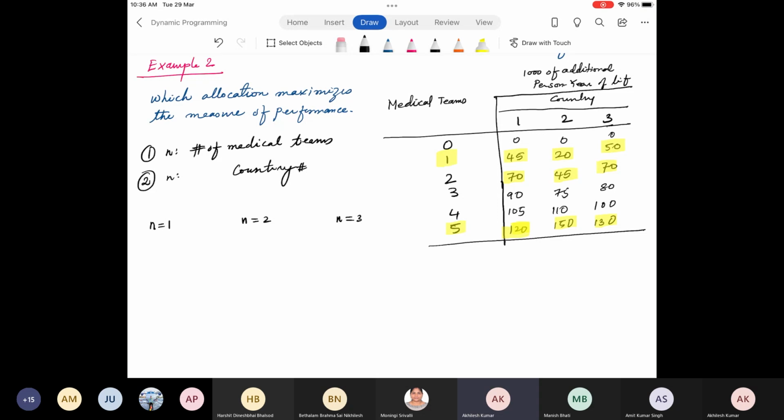Now, suppose this is my stages, what is the decision I can take? Action at each stage. What decision I need to take? How many medical teams should be allocated? Very good.